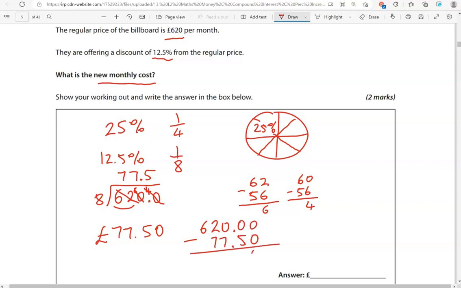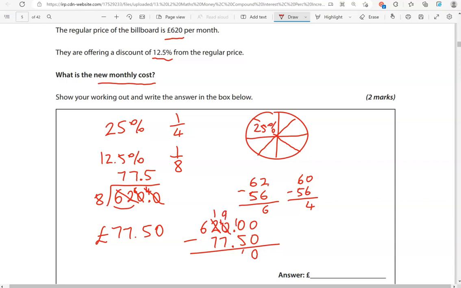So 0 take away 0 is 0. We need to take away 5 from the 0, which means we've got to borrow. We can't borrow from this here because it's a 0, so we're going to borrow 1 from the 2. The 2 becomes a 1, this becomes 10. Now we can borrow from the 10, so the 10 becomes 9, and this becomes 10.